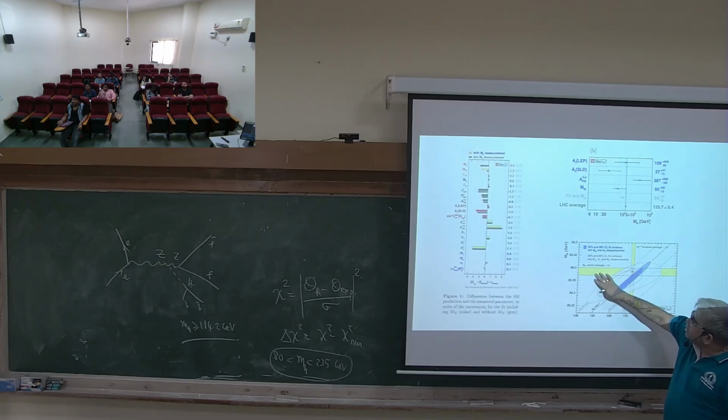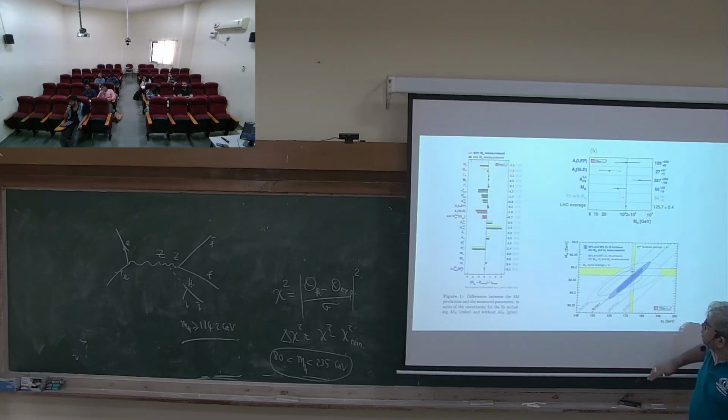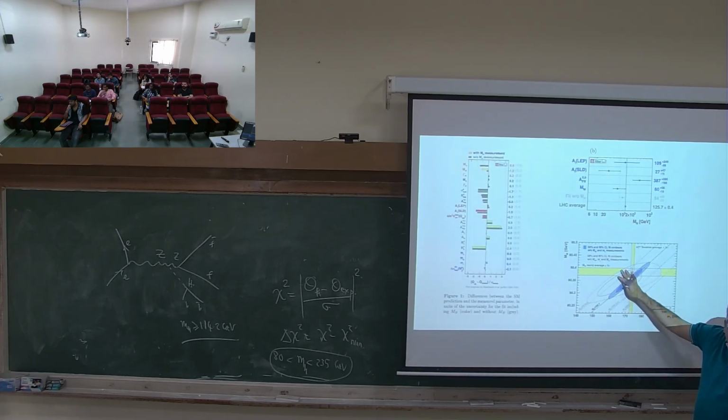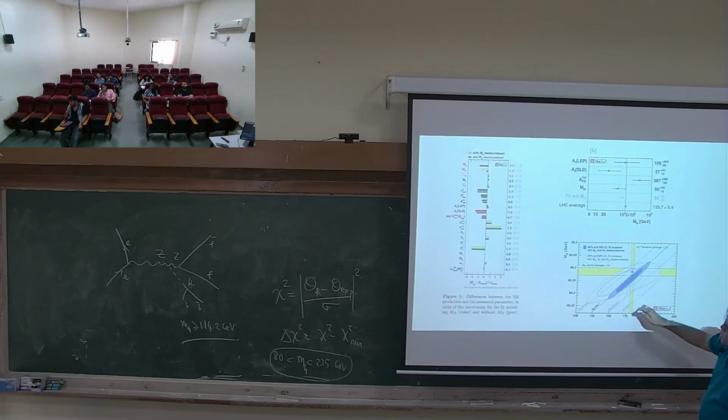So there is a slight tension because the experimental fit is somewhere, so the best fit is somewhere here, and the best fit for the top, which is the other measurement which has the largest error. Top and MW have reduced, the measurement errors have reduced. So both of them here, the prediction from the theory, if you consider them as outputs of the electroweak precision test, this is how the graph looks like essentially.